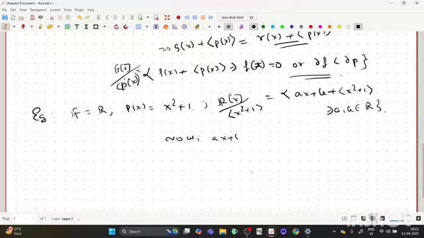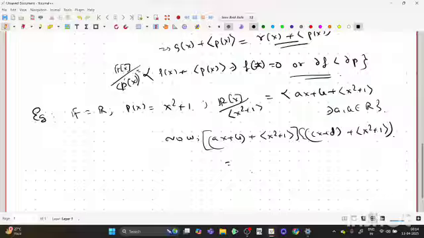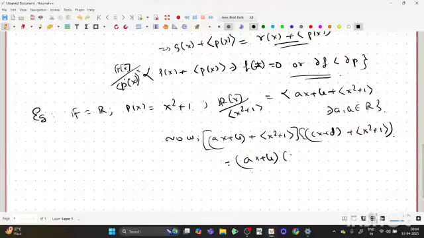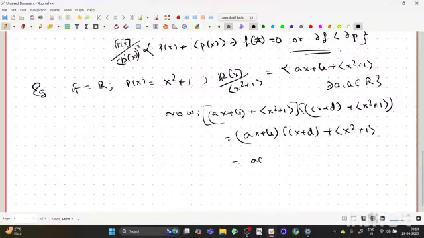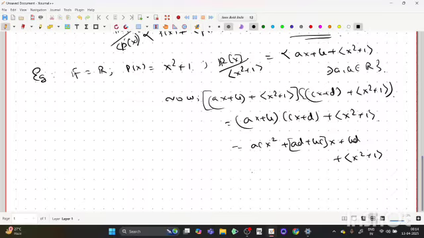So if I multiply ax plus b plus the ideal with cx plus d plus the ideal, we would be getting (ax plus b) times (cx plus d) plus the ideal. So this will give me ac x square plus (ad plus bc)x plus bd plus the ideal, right?